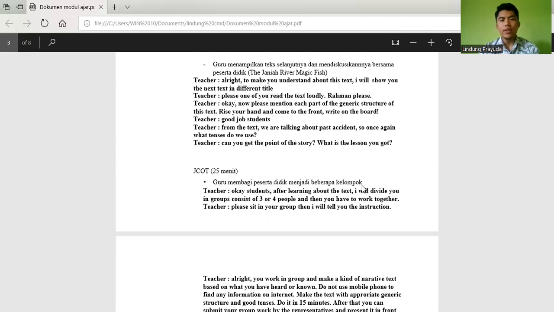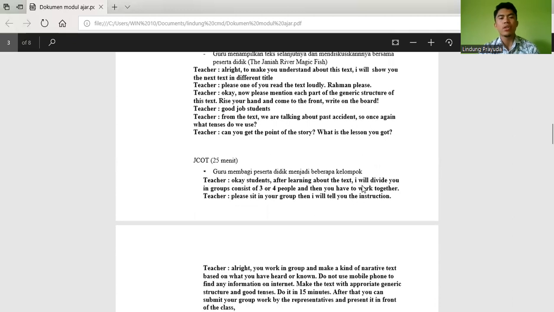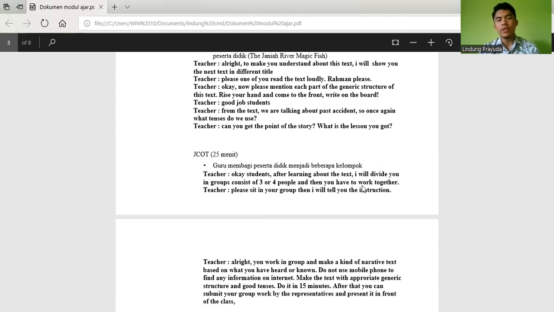And then the third phase of the genre-based approach is GCOT, or joint construction of the text. For this phase, I use a time allocation of 25 minutes. Firstly, the teacher will divide the students into some groups, maybe consisting of 3 or 4 members in each group, and they will work together.